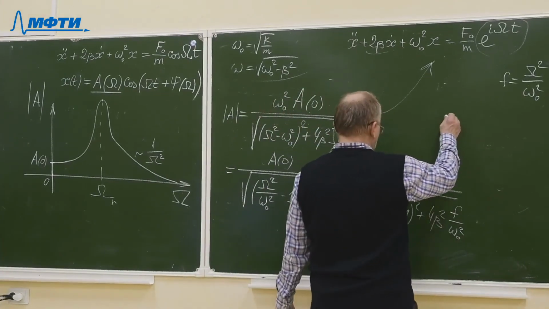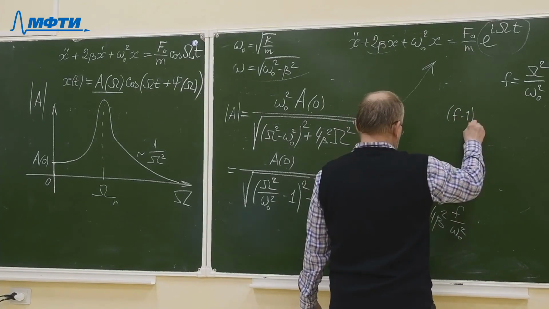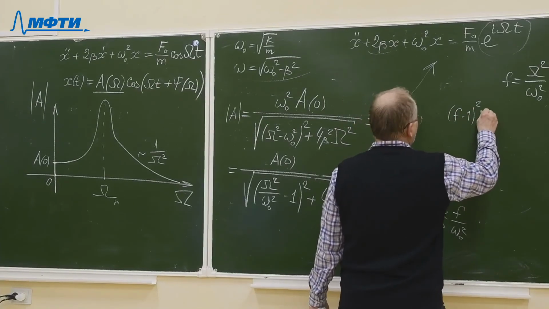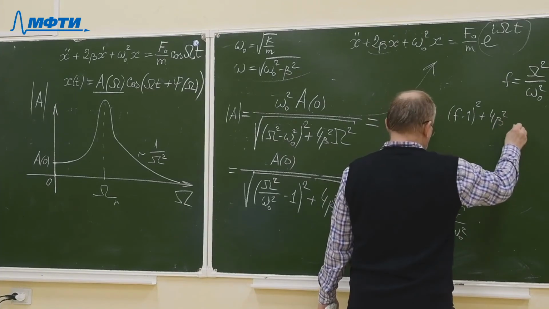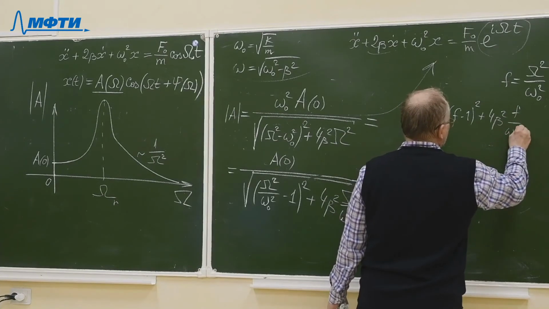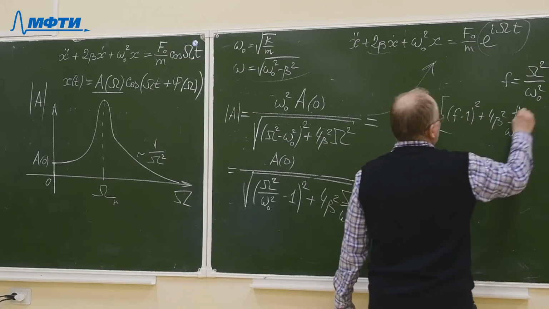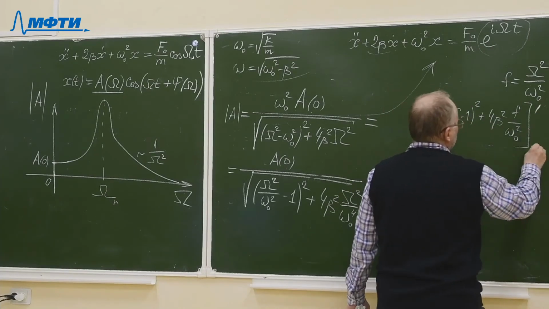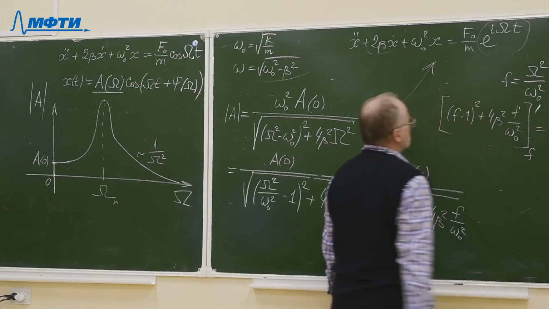I may differentiate just this expression with respect to f. So let's do it. (f minus 1) squared plus 4 beta squared f divided by omega 0 squared. I will take a derivative with respect to f and equate it to 0.